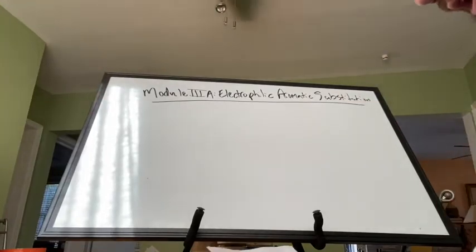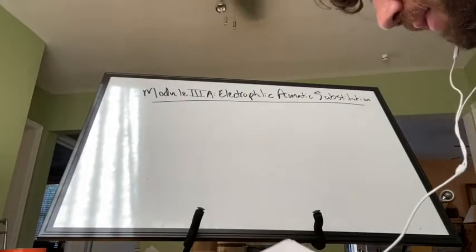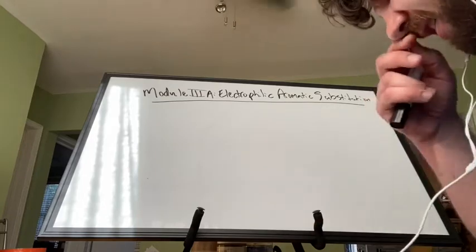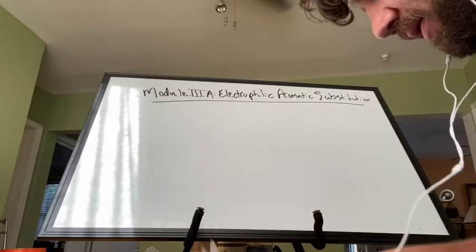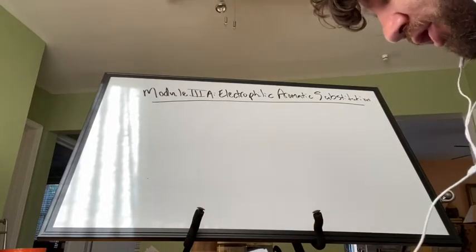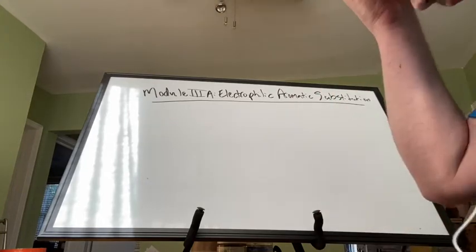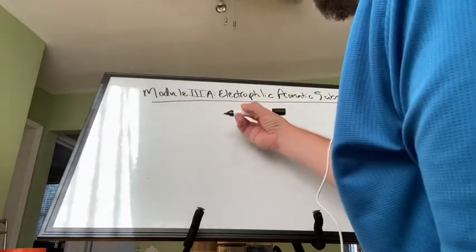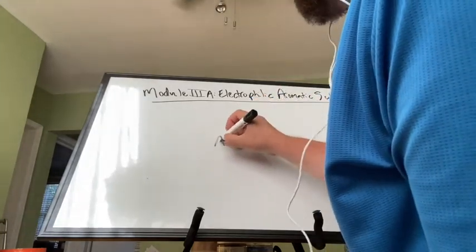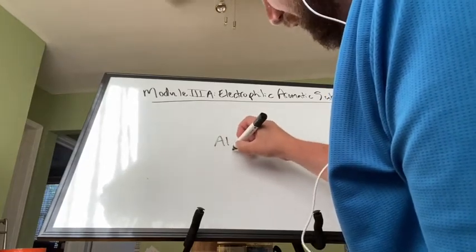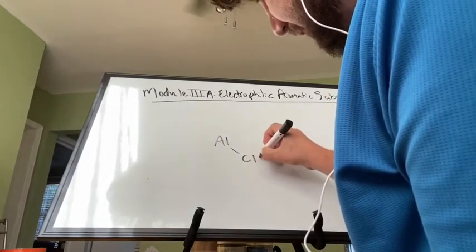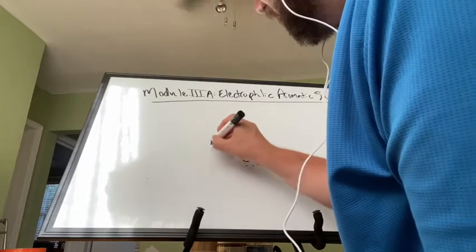Okay, so earlier I discussed forming an electrophile through the use of a catalyst. So aluminum trichloride was an effective super acid catalyst.